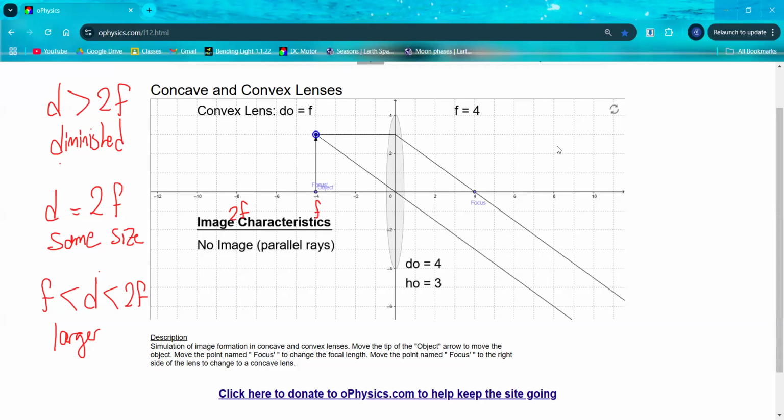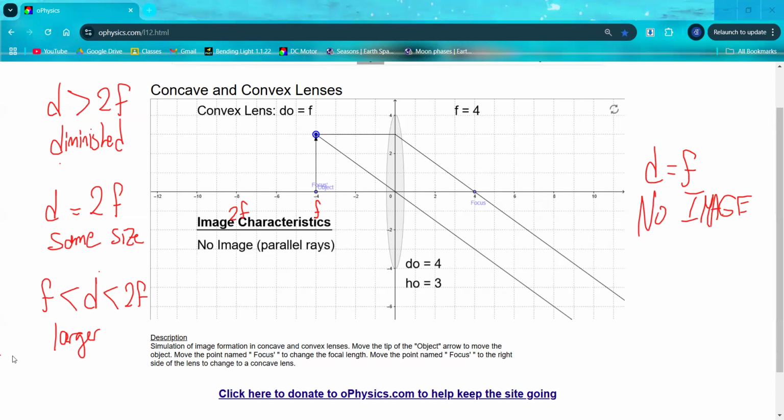If the distance is exactly equal to f, if the object is on the focal point, on the principal focus, then no image is produced.